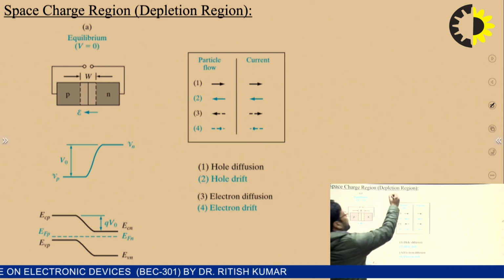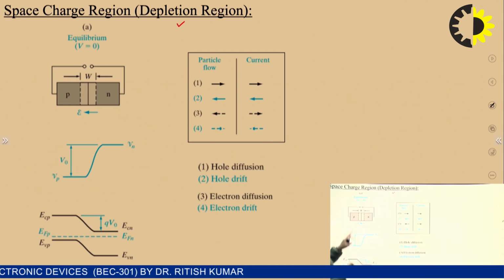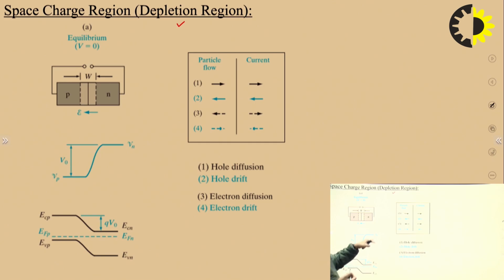Now I will be covering the topic of the space charge region, which is also known as the depletion region, right? Here you can observe there is no connection of the battery. That's why we call it an equilibrium state. In the last slide we already studied the equilibrium PN junction energy level diagram.